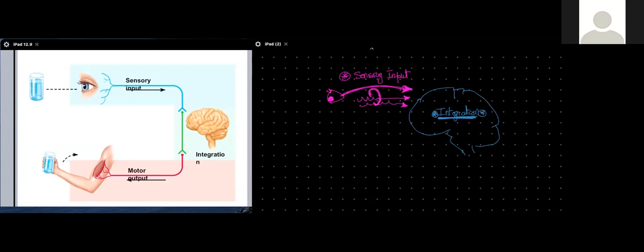Let's say you figured out that this information is important, so you decided to write it down. So how would you write this information down?